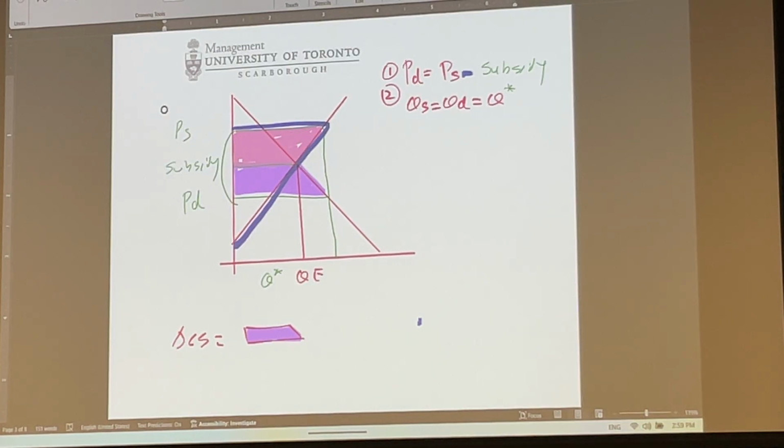That is what the producer gets from the subsidy. That is the producer gain.